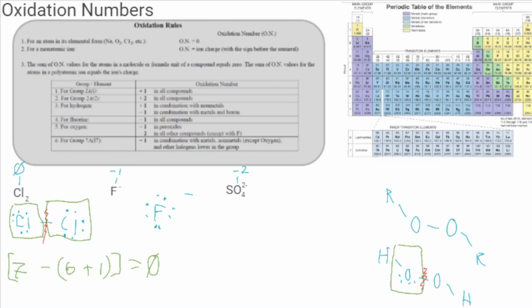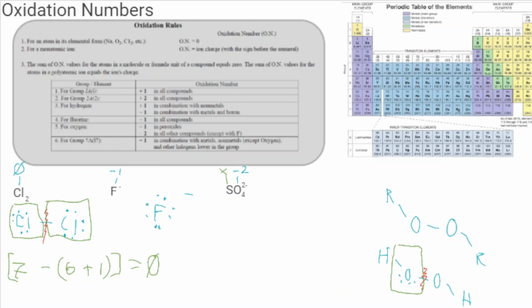Well, sulfur doesn't qualify as that, so what you do for species that aren't designated by this table is you have to solve for them algebraically. And so what we're going to do is we're going to go ahead and say that our sulfur, we don't know what it is, so I'm going to represent that to be x, just some variable.